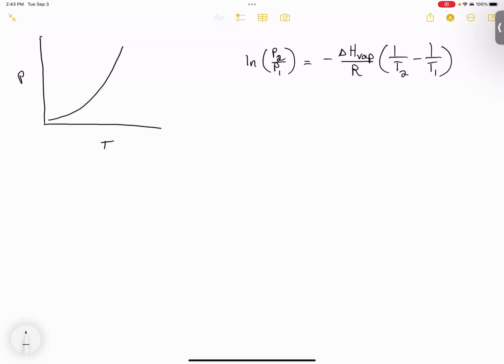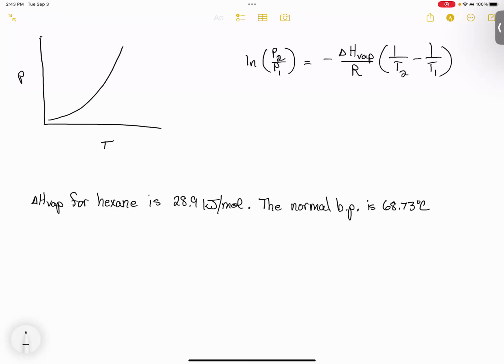So let's look at a problem associated with the Clausius-Clapeyron equation. The delta H of vaporization for hexane is 28.9 kilojoules per mole. The normal boiling point of hexane is 68.73 degrees Celsius.